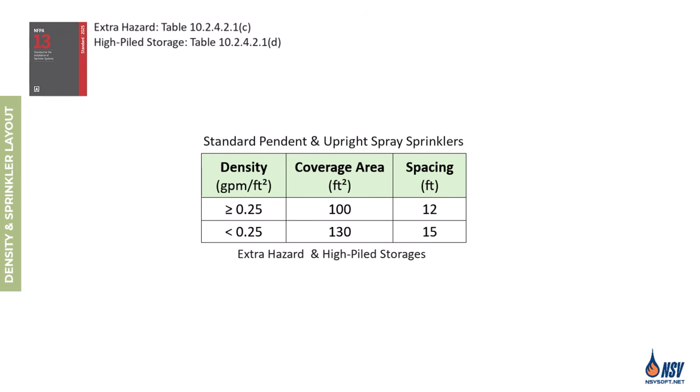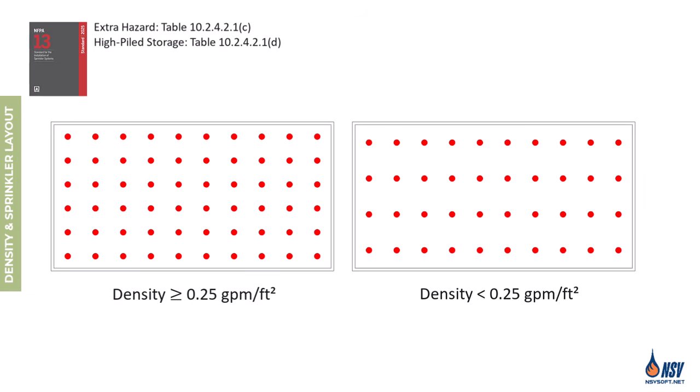However, if the required density is less than 0.25 gallons per minute per square foot, the allowable coverage area increases to 130 square feet, and the spacing can extend up to 15 feet. This adjustment reflects how higher densities demand tighter control over water distribution, while lower densities permit broader coverage, ultimately shaping the physical layout of the system.